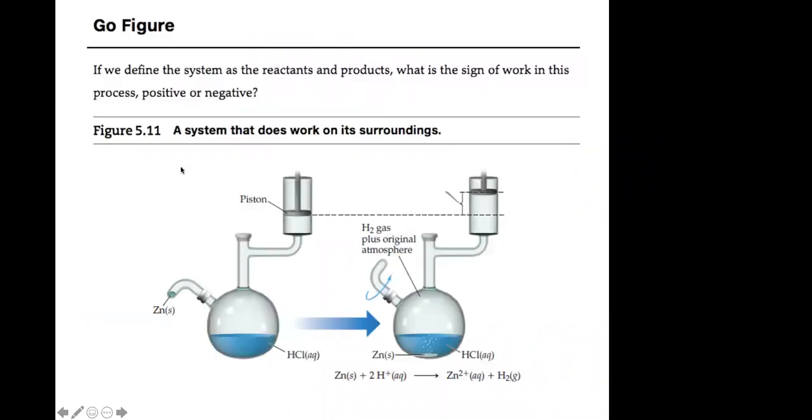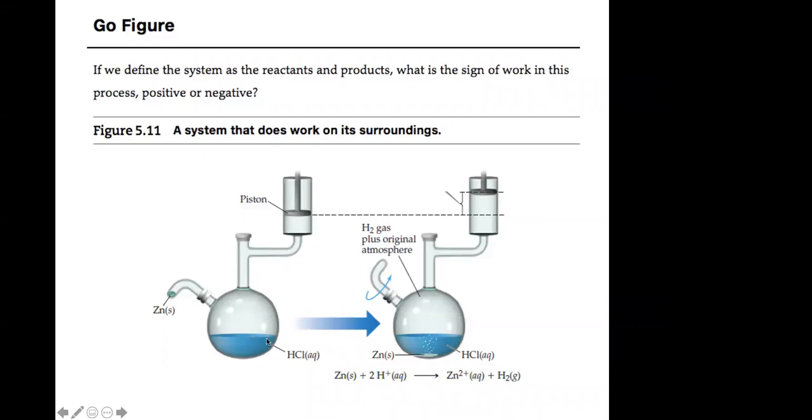Here's a figure from the textbook. This one shows how this can take place in a scenario involving a reaction. So it says, if we define the system as the reactants and products, what would be the sign of the work here? So it's showing here on the left, this setup.